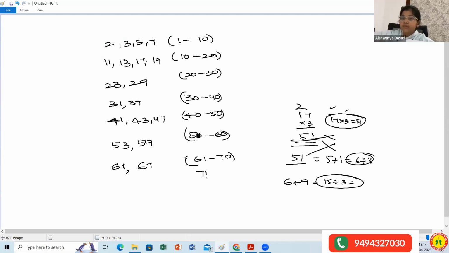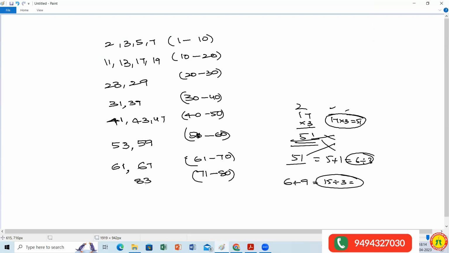Good, Aishwarya. 71 to 80. 83. Very good. It's 83. Any other? Ma'am, 87. No, 87, you see, 8 plus 7, if you add up the sum of digits, is 15, which is divisible by 3. So 87 is not a prime number.